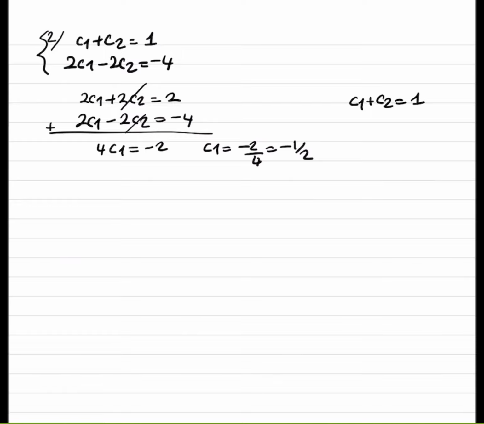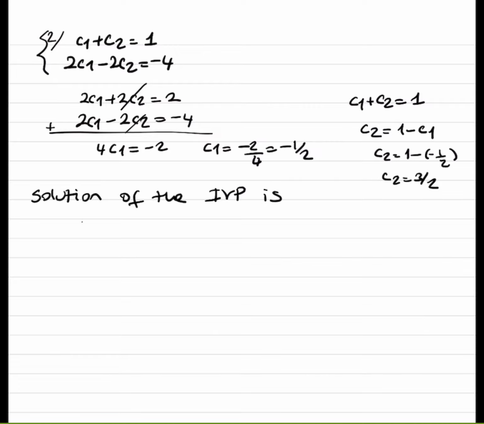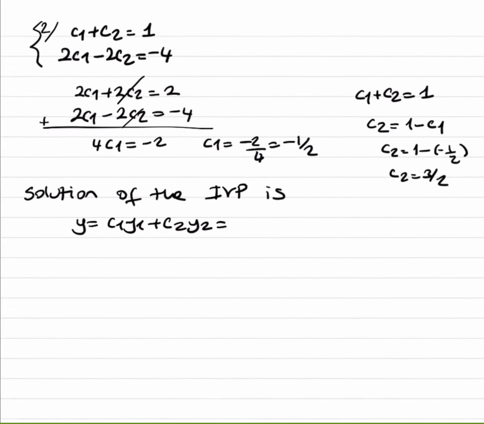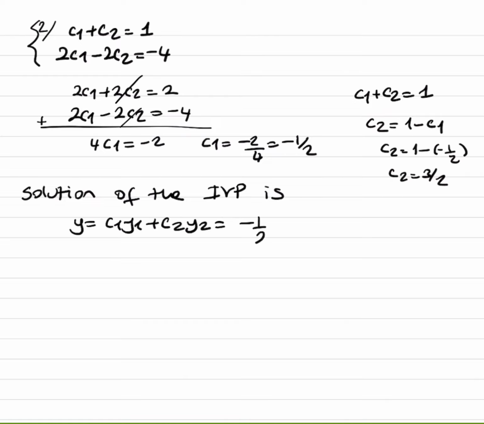And we know c1 plus c2 is equal to 1, so c2 is 1 minus c1, so c2 is 3 over 2. So the solution of the initial value problem is y is equal to c1 y1 plus c2 y2. We find y is equal to minus 1 over 2 e to the power 2x plus 3 over 2 e to the power minus 2x. So this is our solution for the initial value problem.